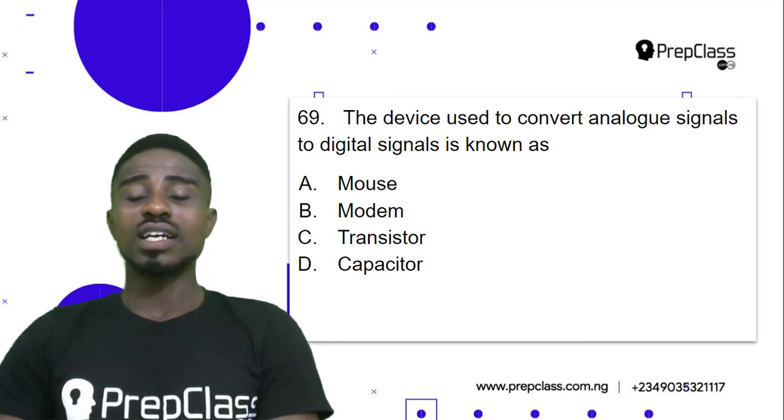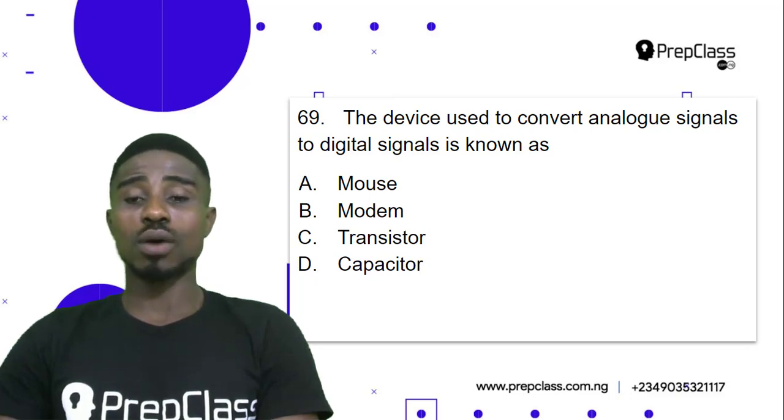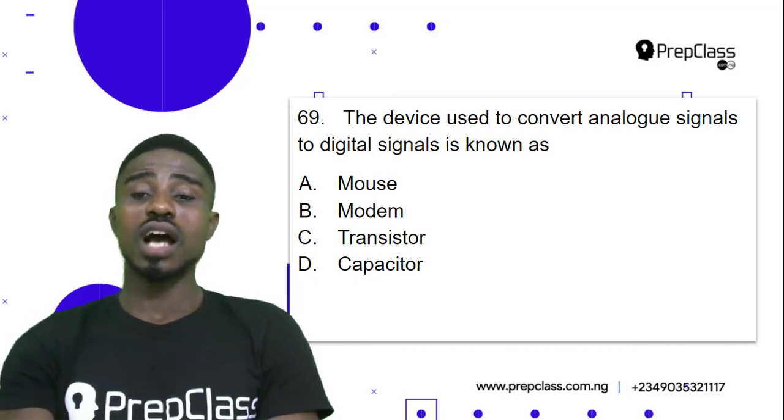Question 69. The device used to convert analog signals to digital signals is known as A, mouse, B, modem, C, transistor, D, capacitor. For us to carefully select the correct answer, we need to analyze all of the options and see which one best answers our question.